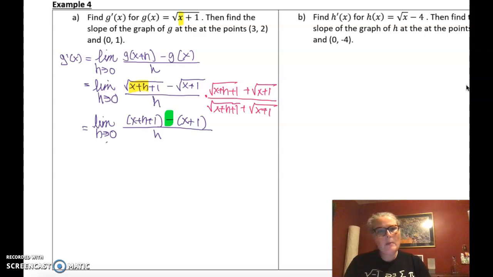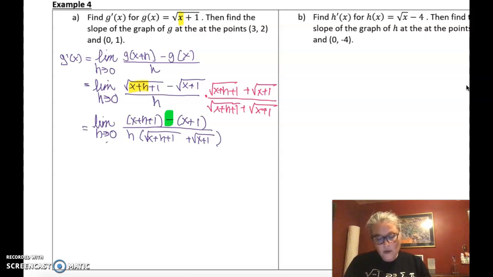So now we have to remember also to have the entire denominator: the h, and then times the square root of x plus h plus 1 plus the square root of x plus 1.